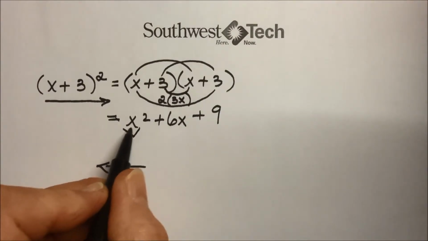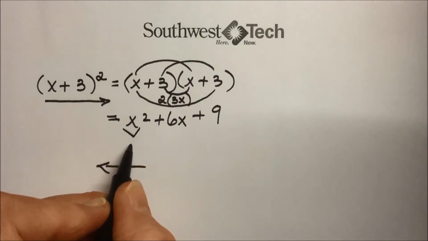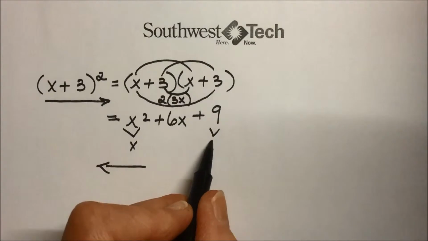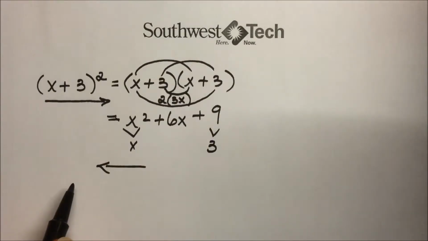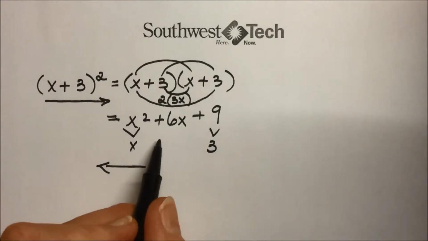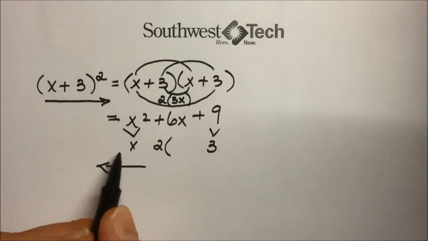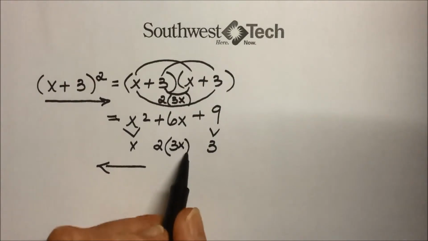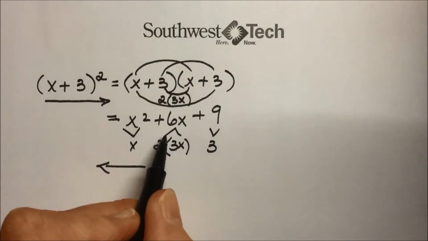And if we look at the first term, what times what gives us x squared? Well, that's x. The 9 is a perfect square. It results in 3 times 3. And the remaining term must be 2 times the product of those square roots, which it is.